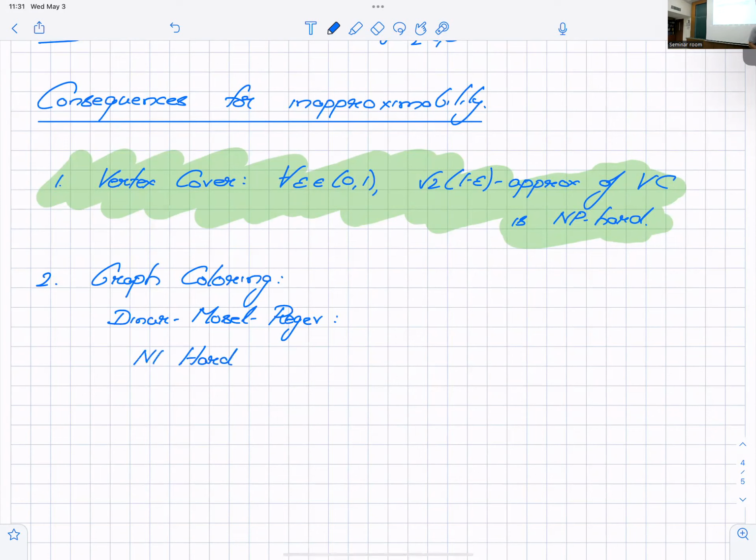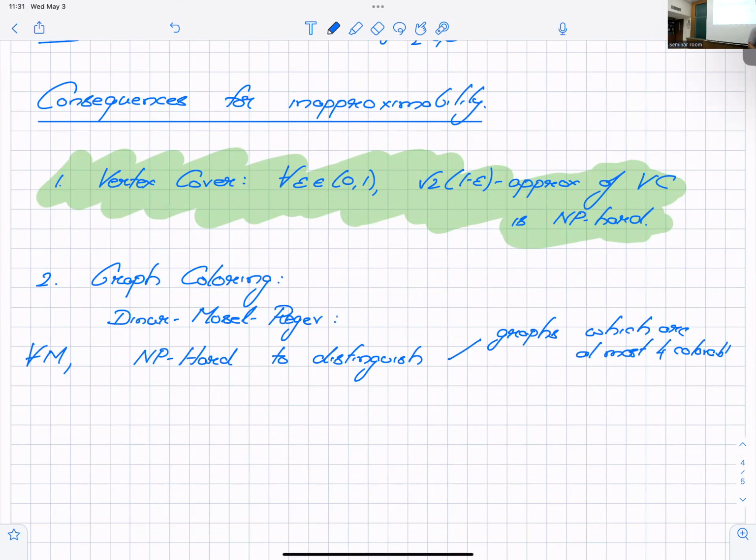It is NP-hard. It still doesn't solve the problem between graphs which are almost 4-colorable, for n-vertex graphs.